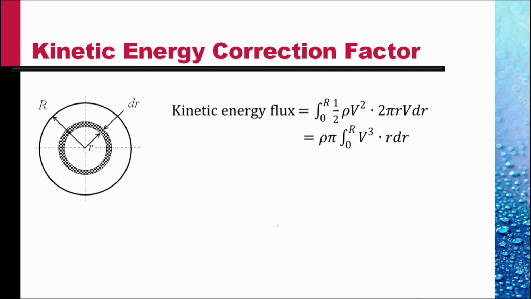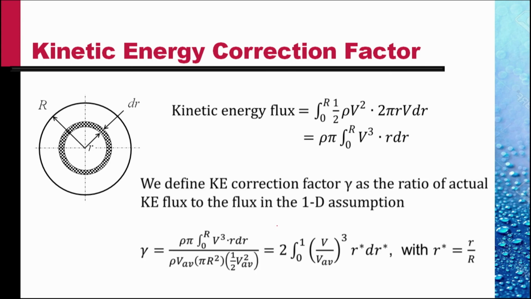The kinetic energy through this is the mass flow through this, which is 2 pi r rho v dr, times the kinetic energy of this, which is 1/2 v square per unit mass. And so, this is simplified to rho times pi times integral 0 to R of v cube r dr.